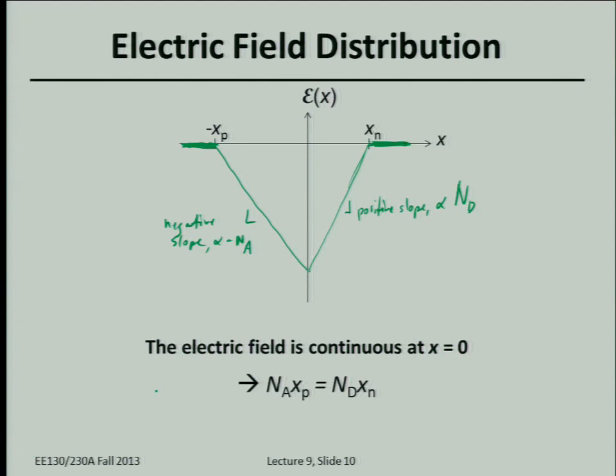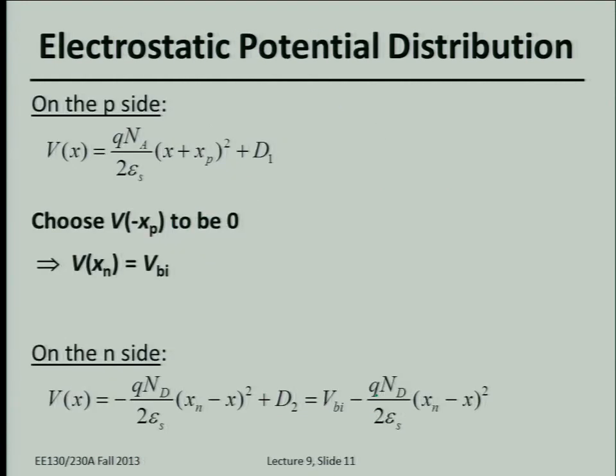That's what this equation states: N sub A times x sub p is equal to N sub D times x sub n. This can be derived from Poisson's equation as well, if you integrate it on both sides.